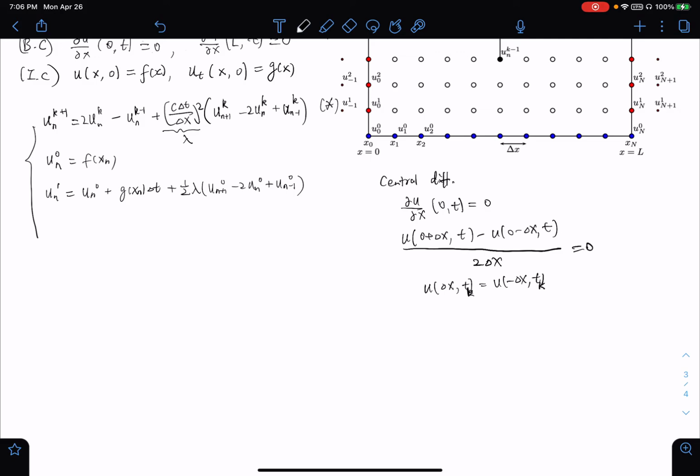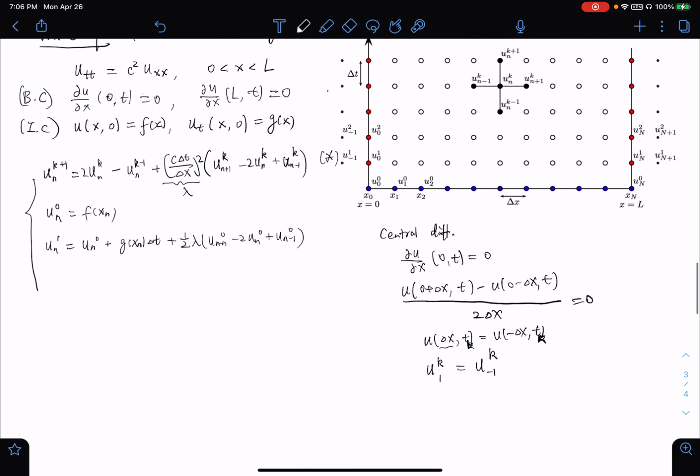then for any time step k, u at x_1 is equal to u at minus 1, k, which is the value on this fictional grid point, right? In other words, this value is equal to this value, and this value is equal to this value.